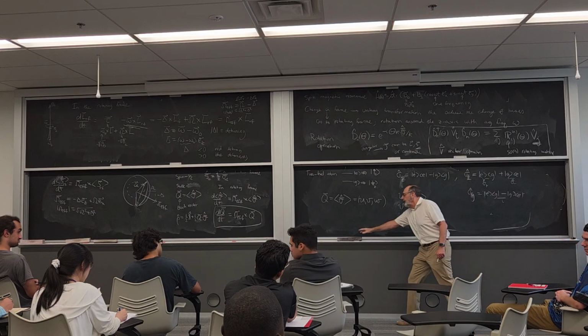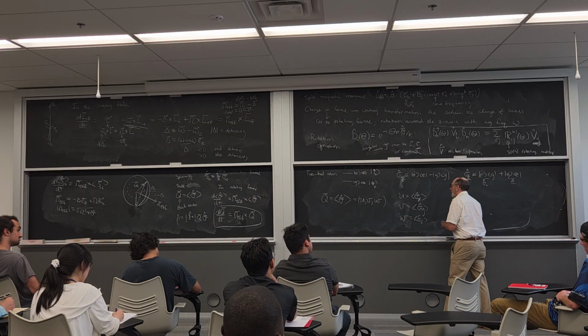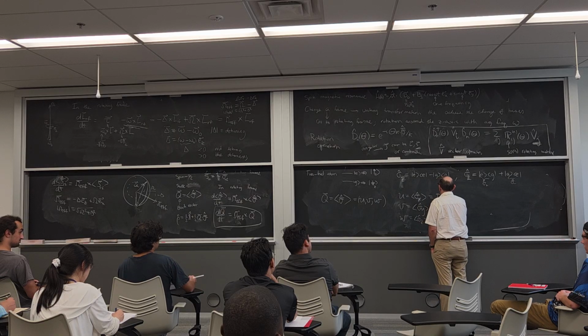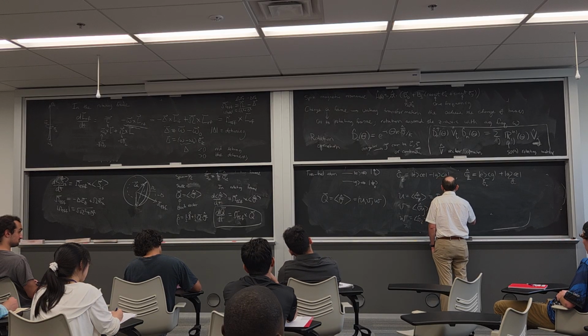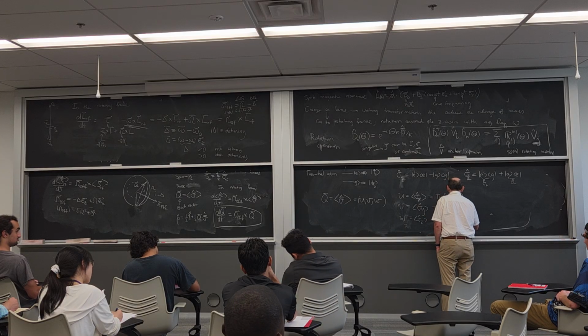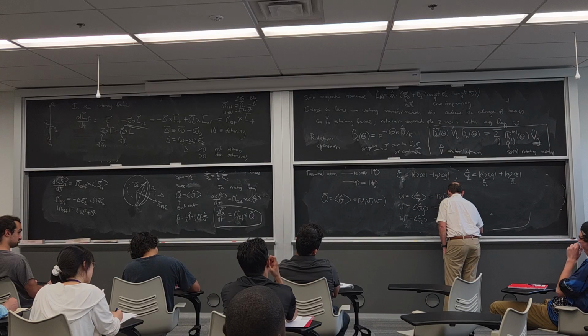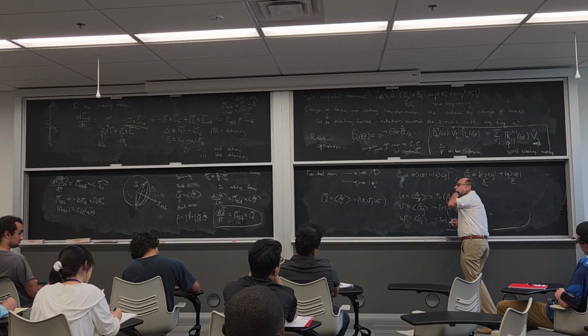And this is then equal to the trace of the density operator with sigma x. This is the trace of the density operator with sigma y. This is the trace of the density operator with sigma z.